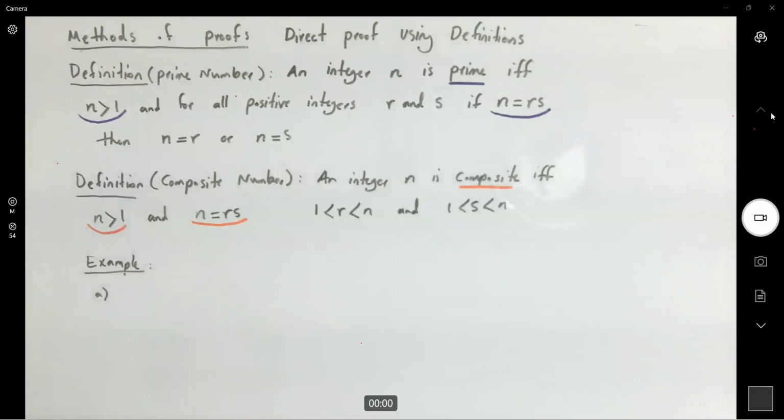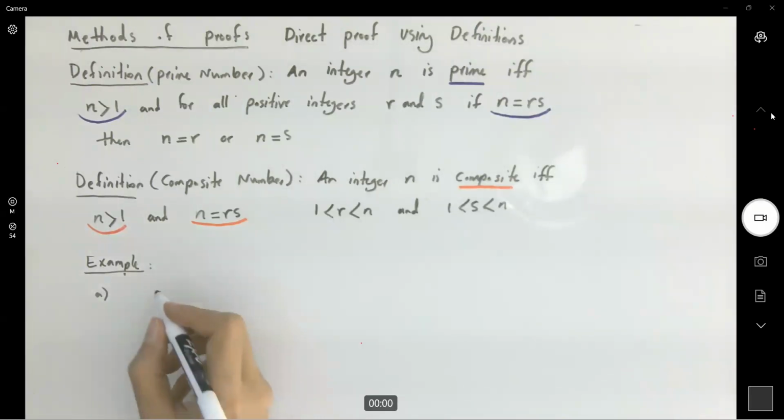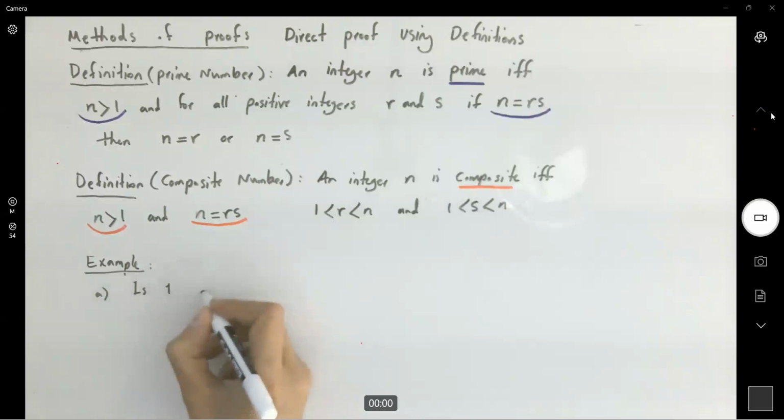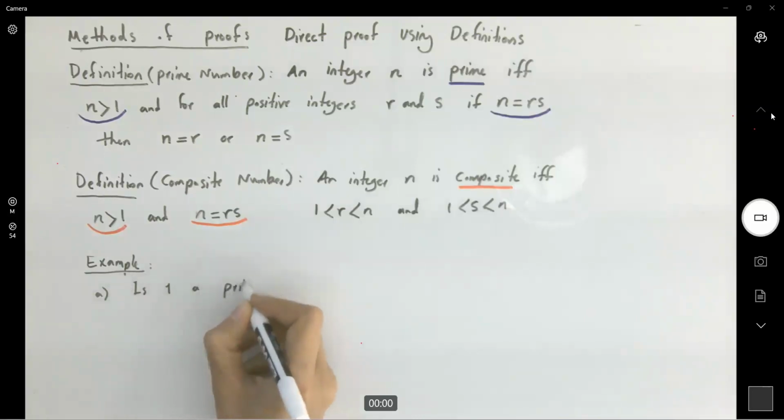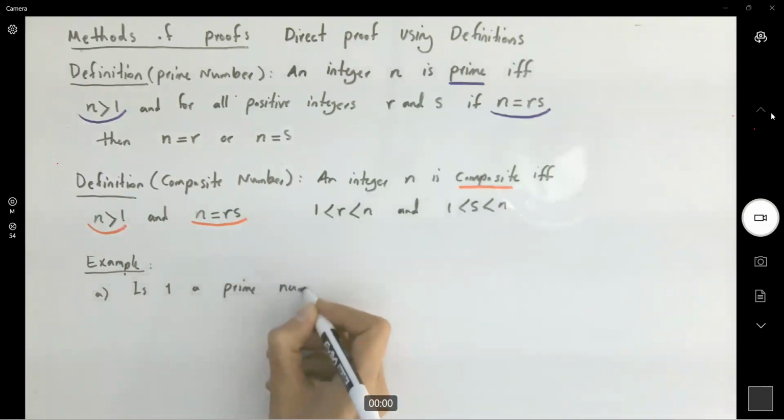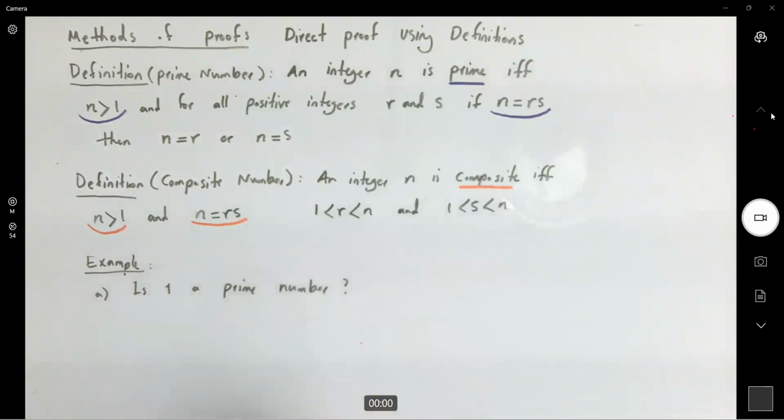The very first one: is 1 a prime number? Let us go back to the definition. To check to see if 1 is a prime number, we are looking at the definition up here.